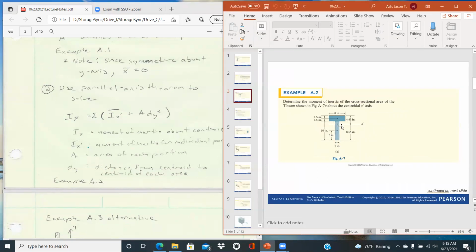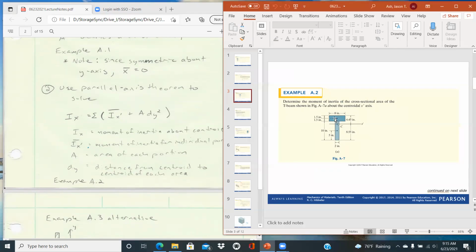And so now we have this x prime defining our centroid. And so again, all we're looking at is the area moment of inertia of each section itself. So this would be the bh cubed over 12 for each portion, the Ix prime with the bar on it.